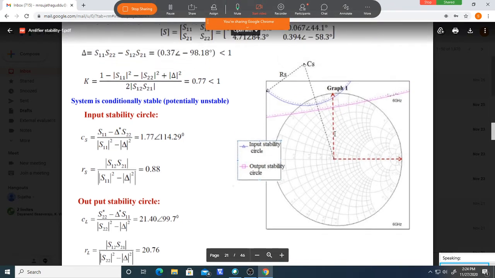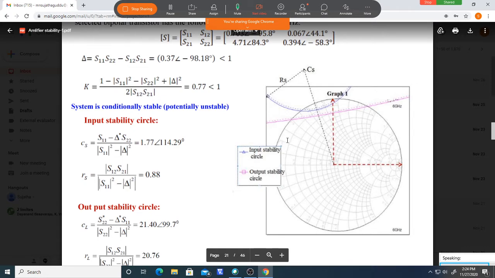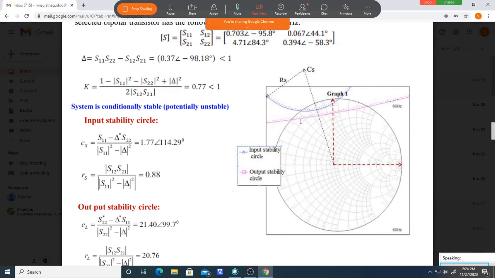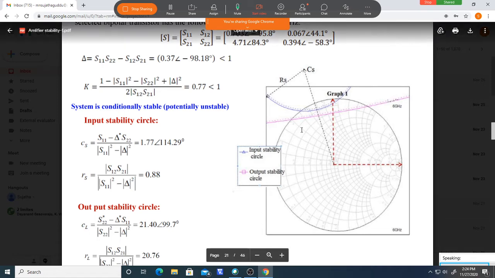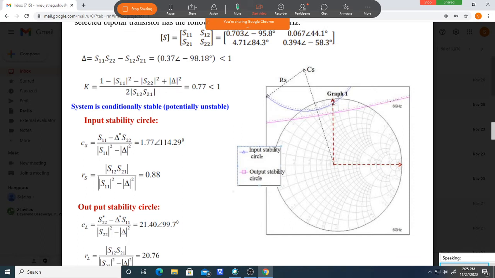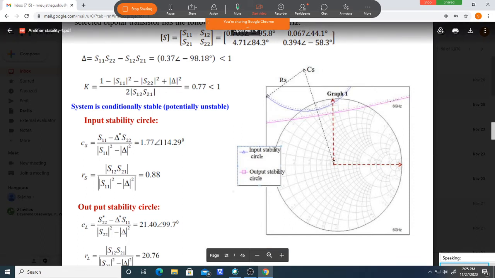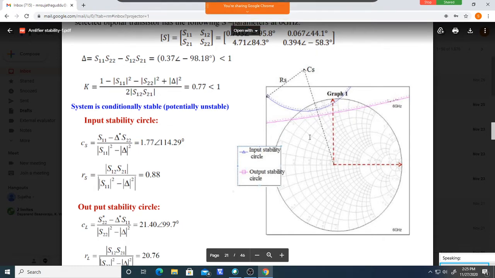Actually, you cannot draw this circle by hand, because of the center. See, 99.7, you can somehow mark here. This is 90 degrees, this is 0, this is 90 degrees. 99.7 will be somewhere here.